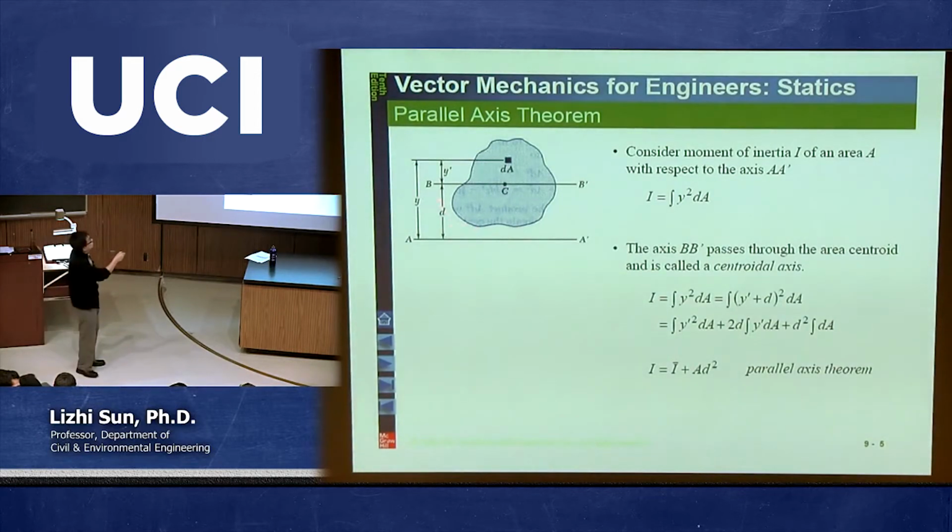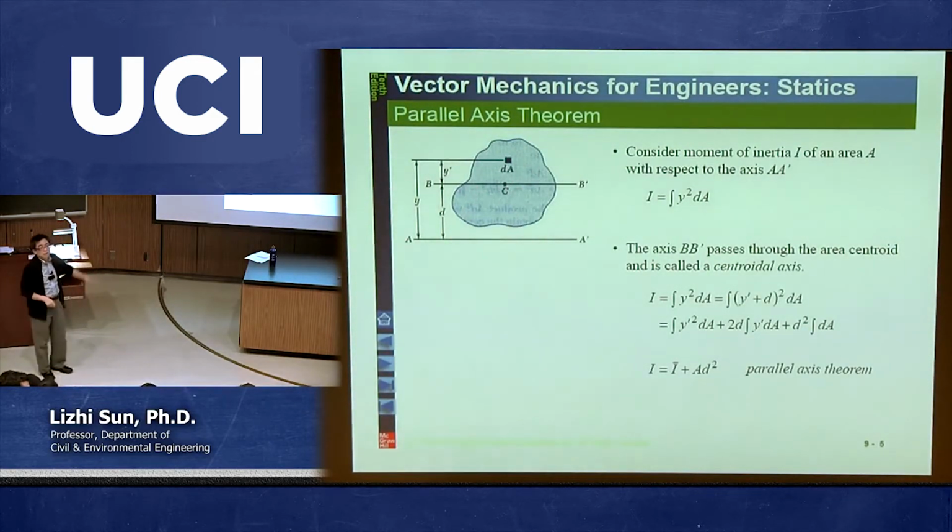So all you need to do is find the shortest distance between these two parallel lines and square it, multiply with A, the area of this cross section, and then you can find the moment of inertia with the new axis. This is a very popularly used theorem allowing us to calculate the moment of inertia with any given axis we like.